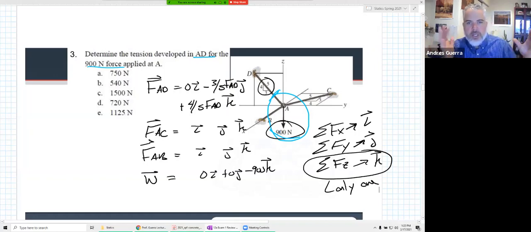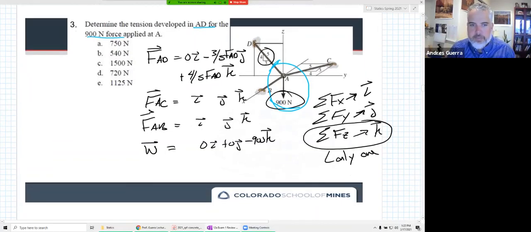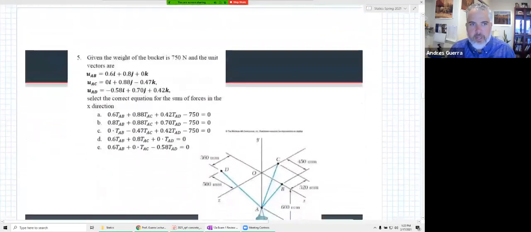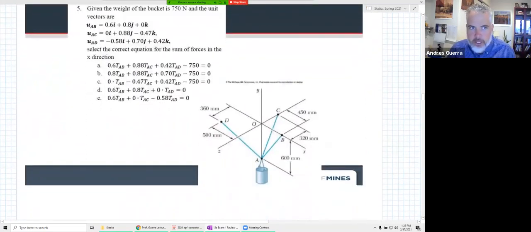So our steps for 3D particle equilibrium were to say, okay, well, here's all my force vectors. And then once we have all the force vectors, then we can go into our equilibrium equations. Very similar process for this one. And what we want to do is develop these processes that can be implemented in any problem.